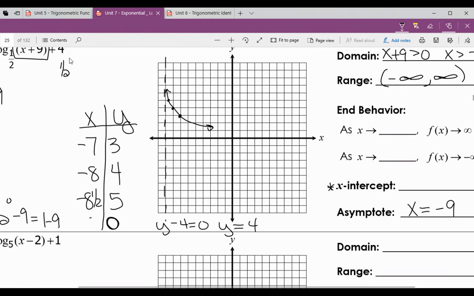So that's 1/2 to the 0 minus 4, minus 9. So I have 1/2 to the minus 4, minus 9. So I need you to, on your calculator, type in 0.5, which is 1/2, to the negative 4 power, get that answer, and subtract 9 from it.